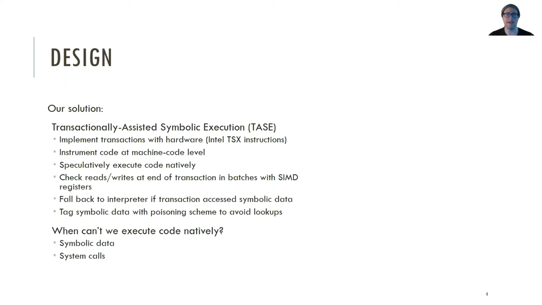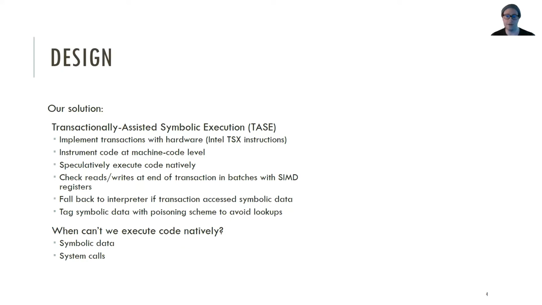So what does TASE actually do to solve this problem I mentioned on the previous slides of supporting fast concrete operations mixed in with small amounts of symbolic computation? We use specialized hardware, Intel's TSX instructions, to speculatively execute code natively within a transaction, and then later we abort the transaction if we determine that it operated on symbolic data. Specifically, we execute the program under analysis within transactions, and we use a poisoning scheme to mark memory that contains symbolic data.